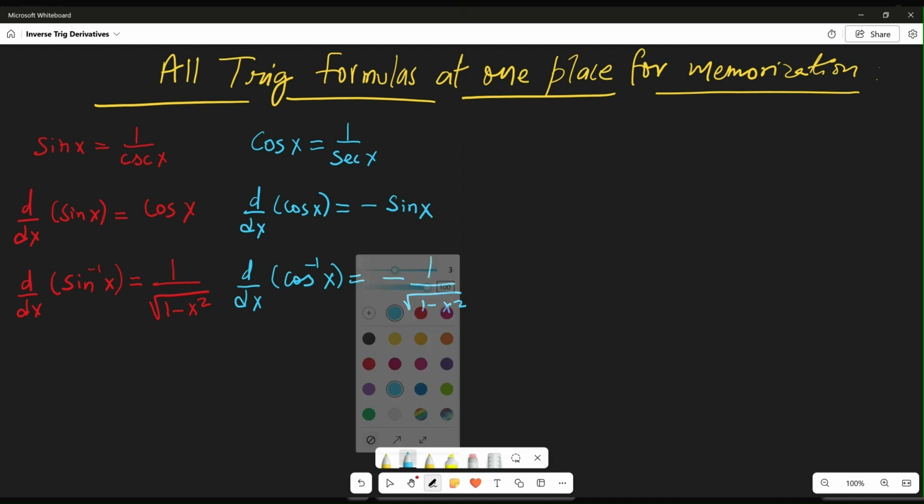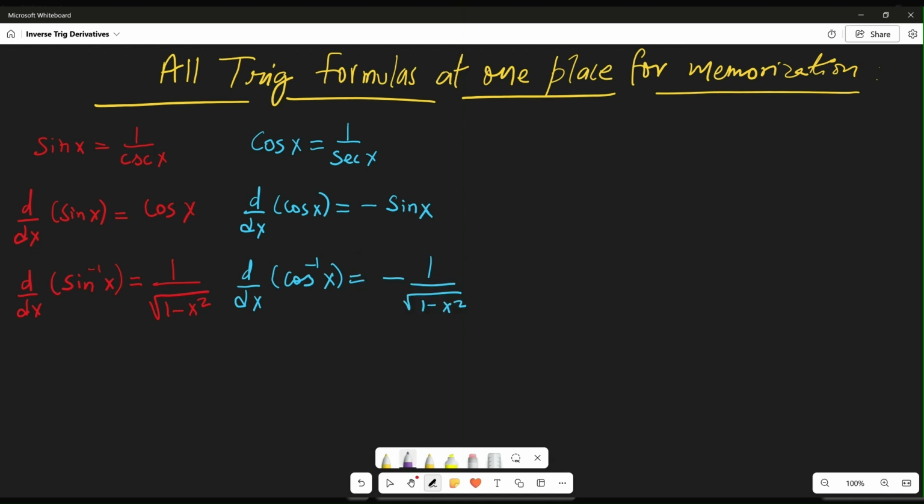And then we have tan x. Tan x is 1 over cot x, but also remember that it is equal to sin x over cos x. This is going to be pretty helpful when solving trig derivative problems, so it's good to memorize that.